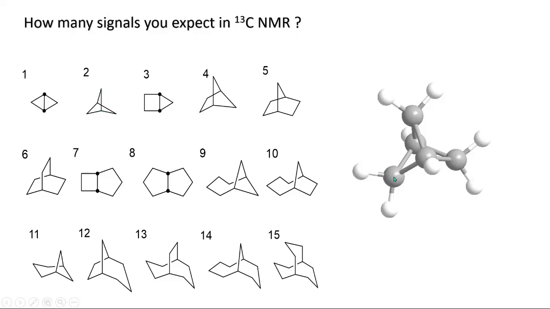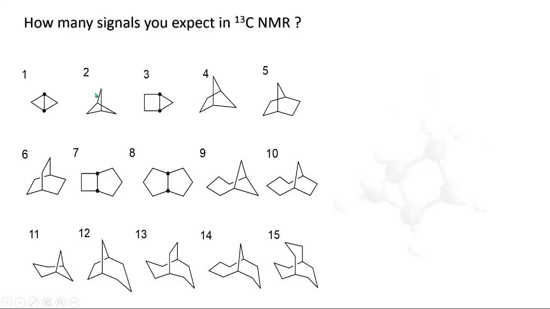So we will get 1 and 2, only 2 signals, because this carbon, this carbon, this carbon all have CH2 and these 2 carbons have only CH. So for 3 carbons we will get 1 signal and for 2 carbons we will get another signal. So there will be 2 signals for this molecule.